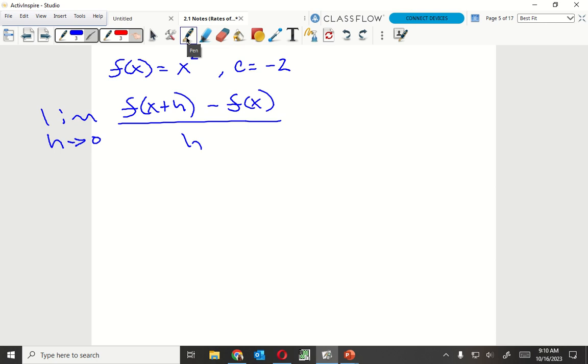Yeah. And so my function is x squared, so let's go ahead and plug that in. So it's going to be x plus h, closed, squared, minus x squared, over h. So we're doing the full limit process here.